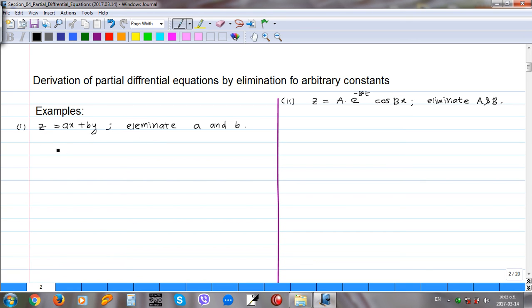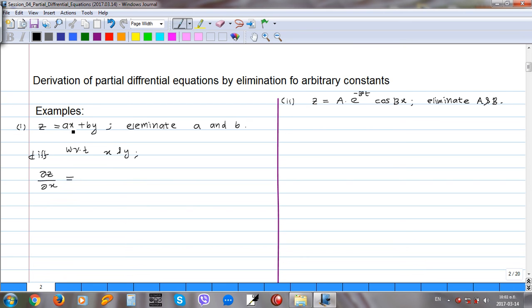So first you can differentiate partially with respect to x and y. If you differentiate with respect to x, then ∂z/∂x.